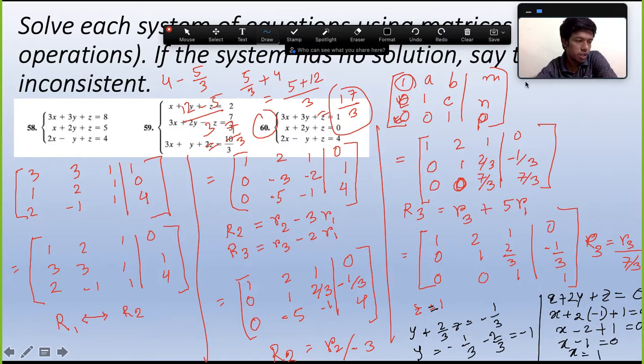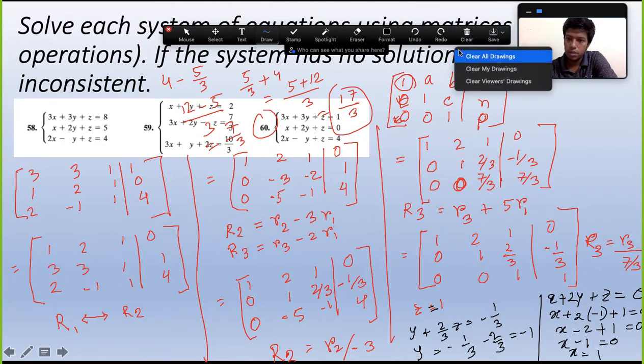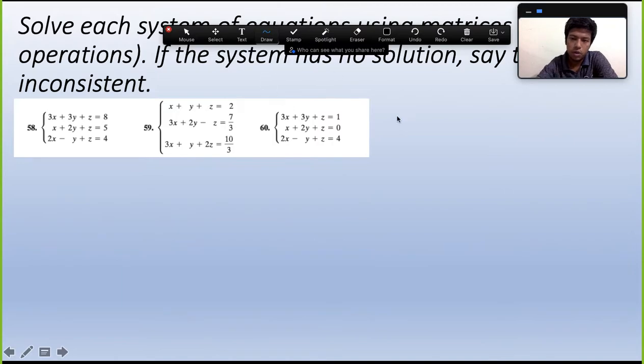So our solution is x equals 1, y equals minus 1, z equals plus 1. And we can verify it.